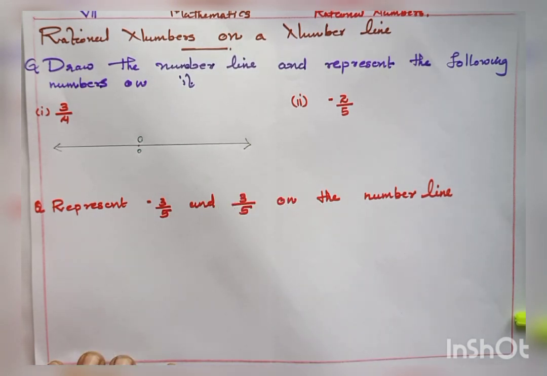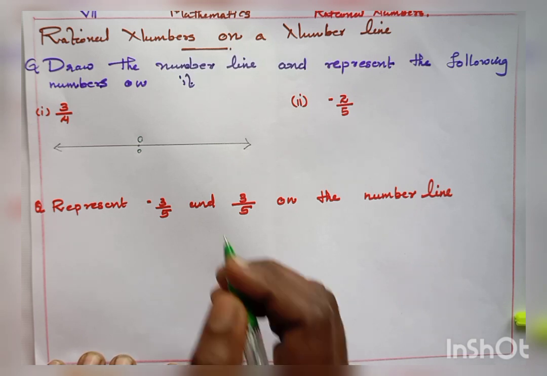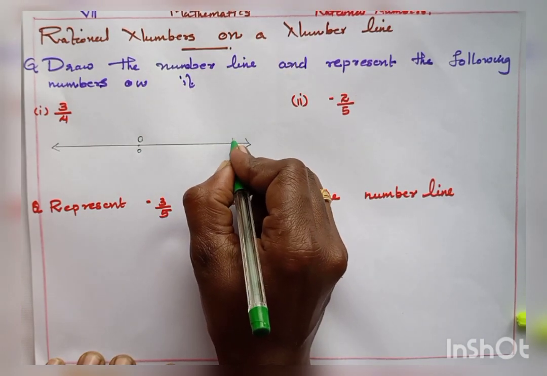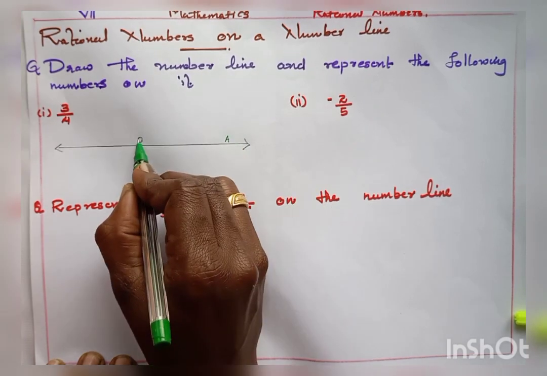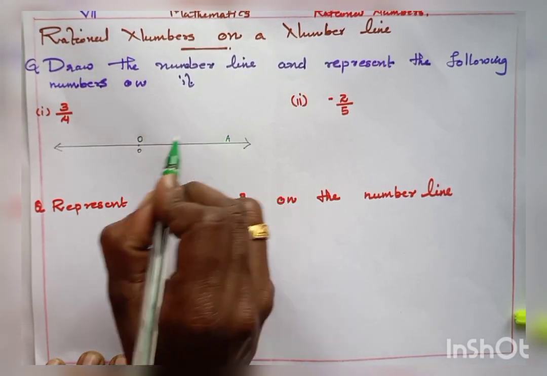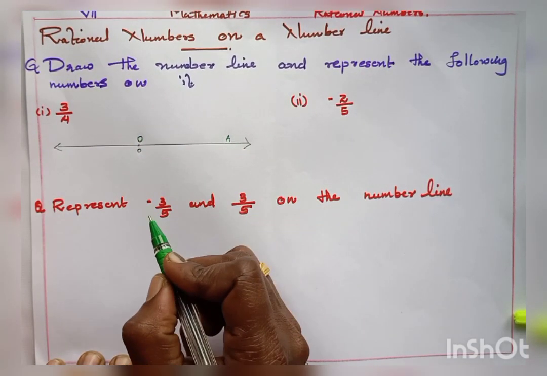Then take a convenient point A to the right of 0. This is O, right portion. This is the left portion.